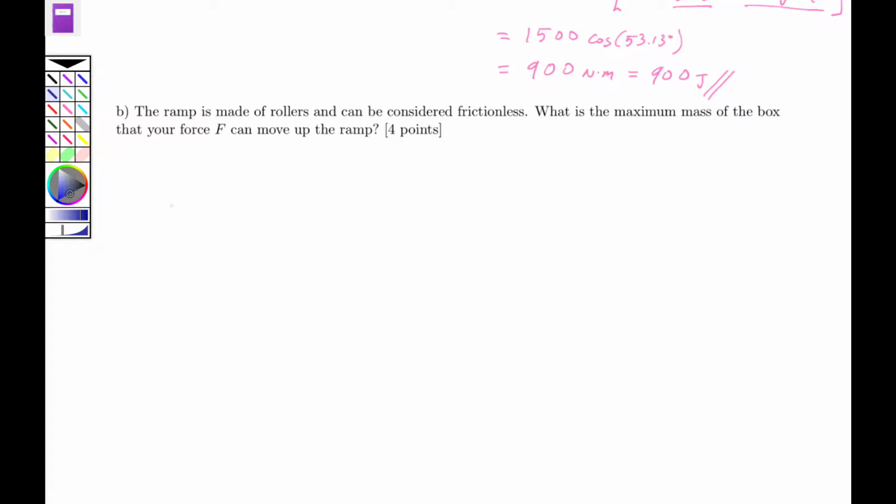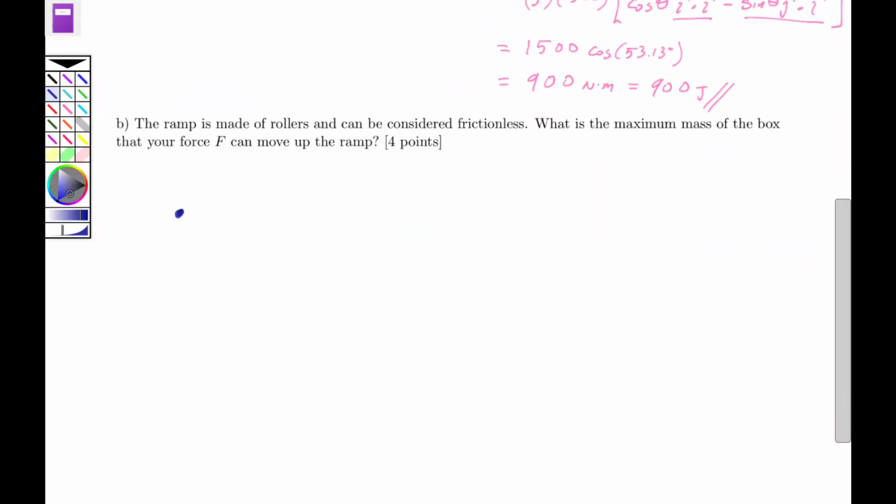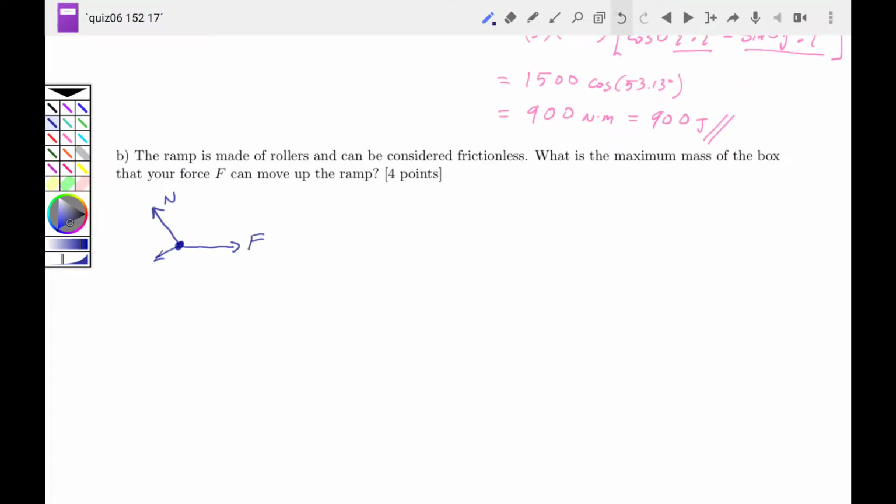However, if we look at the forces acting on the box again, we've got an applied force this way, a normal force this way. If there were friction, it would act in this direction, but there's no friction. We do have gravity acting downwards.